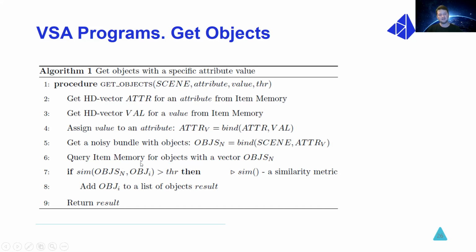Then we query the item memory for these objects, and if the similarity between this noisy version and a given object is bigger than some particular threshold, we add it to a list of results and return this result. And this is how we obtain objects with particular attribute and value.